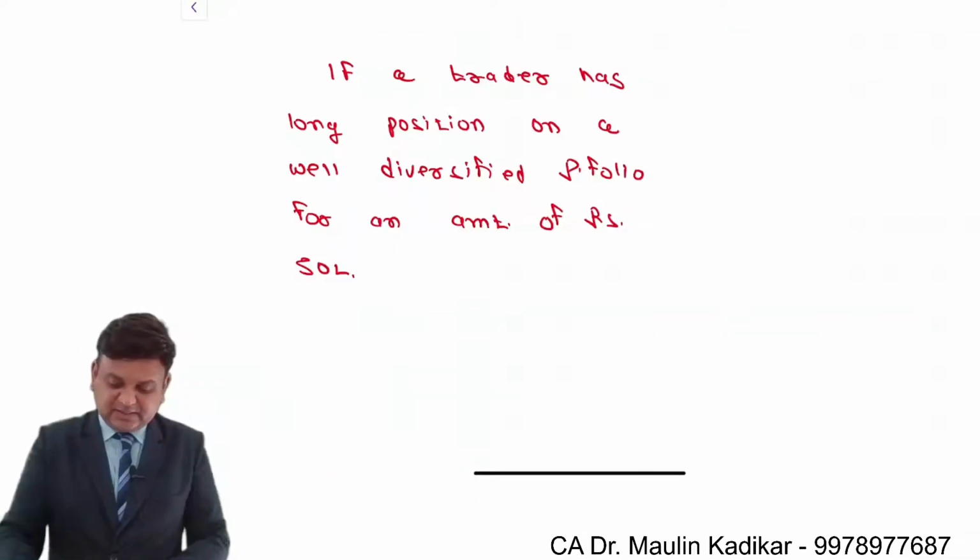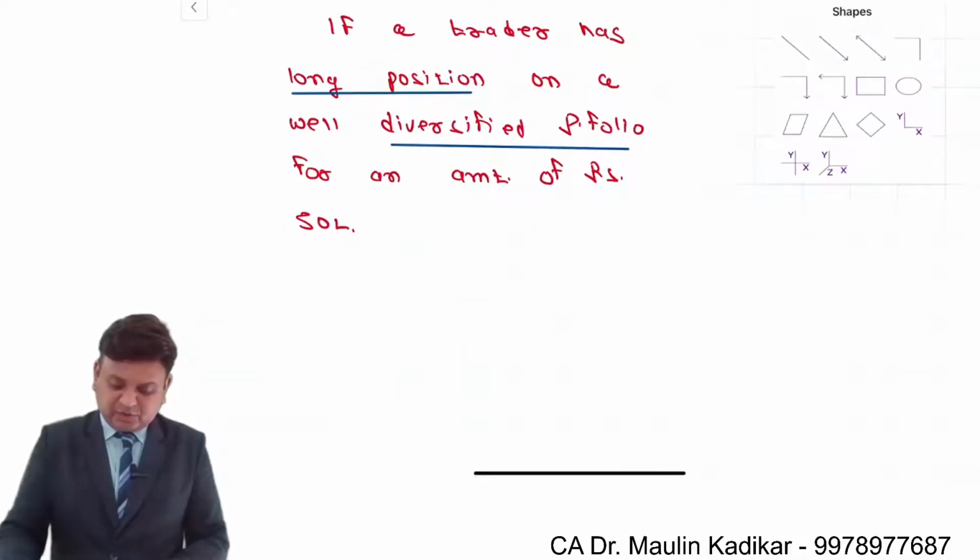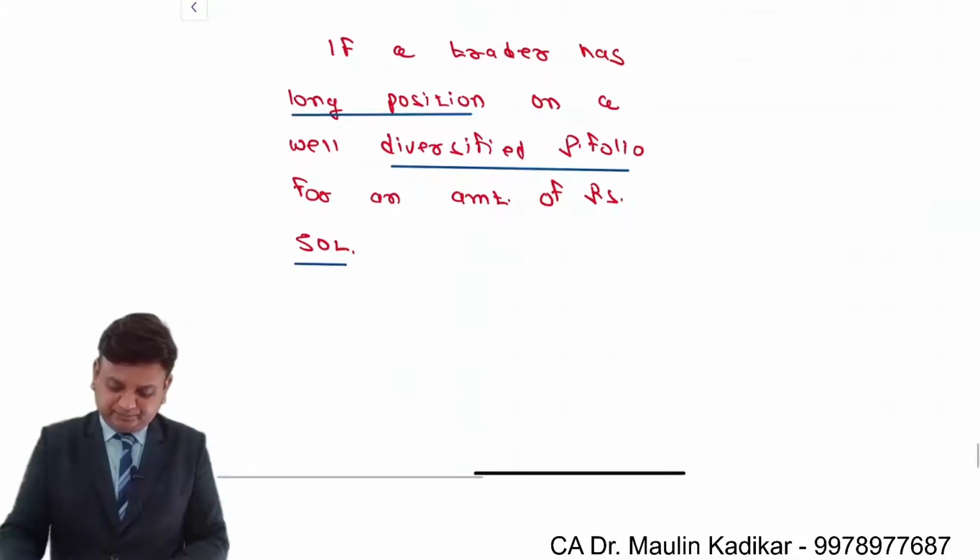He has a long position, which means he is holding shares. Well diversified portfolio means he is holding a certain number of shares belonging to different sectors. And the amount of the investment is also huge, it is an amount of 50 lakhs.